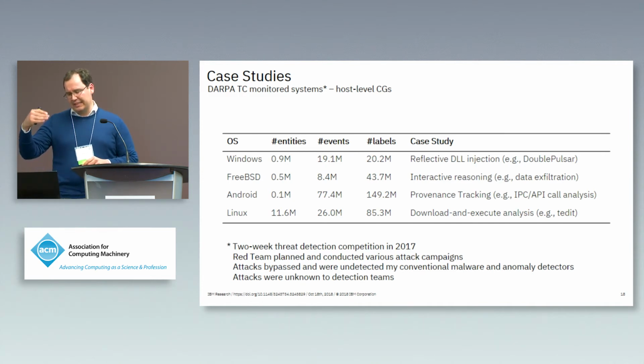And basically, the attacks that we were able to detect ranged from reflective DLL injections, things like DoublePulsar that were used in conjunction with EternalBlue, all the way down to download and execute behavior from a browser, right? And after we got the ground truth, we learned that we were able to detect about 67% of the attacks that were actually exposed in that data.